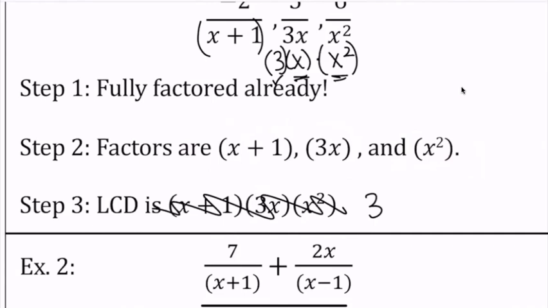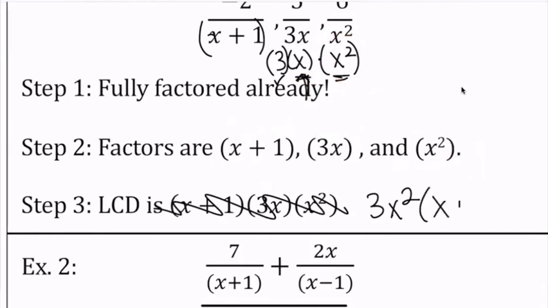X squared times x is x cubed. But we could have less than that. This one has 2. If I just multiplied this one by another x, it would give me that x squared. So I only need to add one more. So I would just need x squared because that will account for this one as well. And then we still have our x plus 1. So this would be our least common denominator.